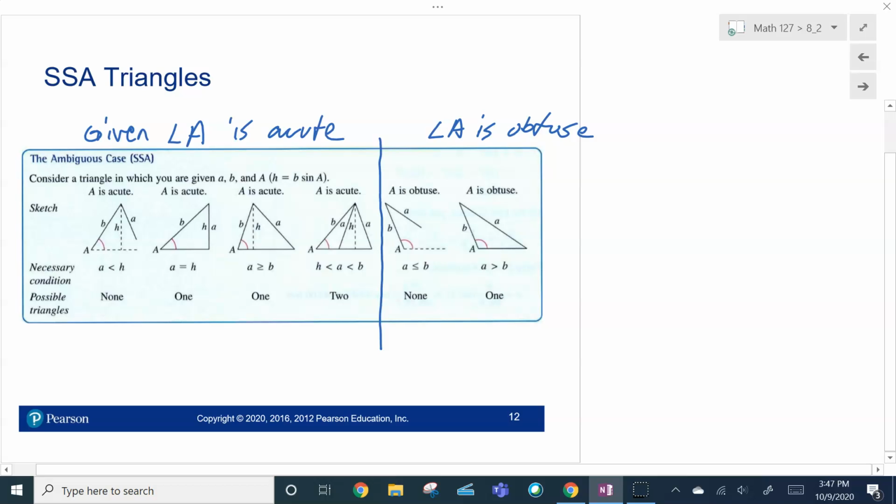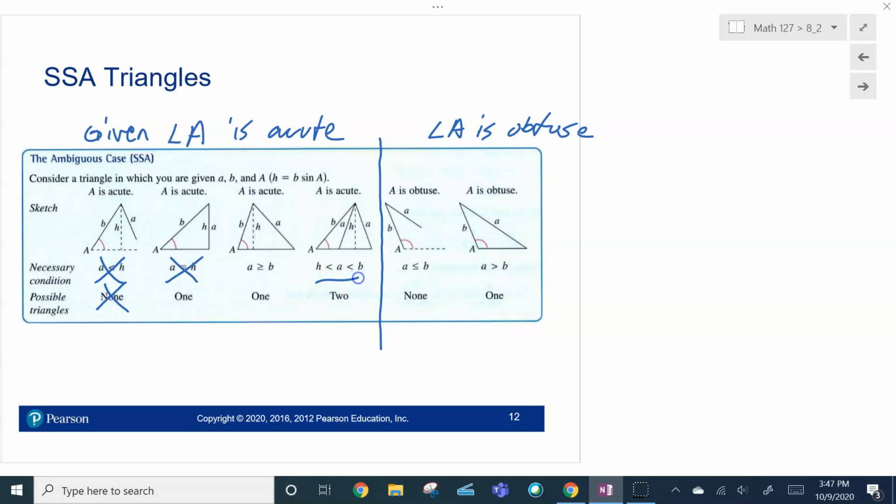So a is not less than h. In other words, because my a was 4, my h was 2.598. So a is actually greater than h. So it's not this one, right? It's not that one. A is not equal to h. A is greater than h.